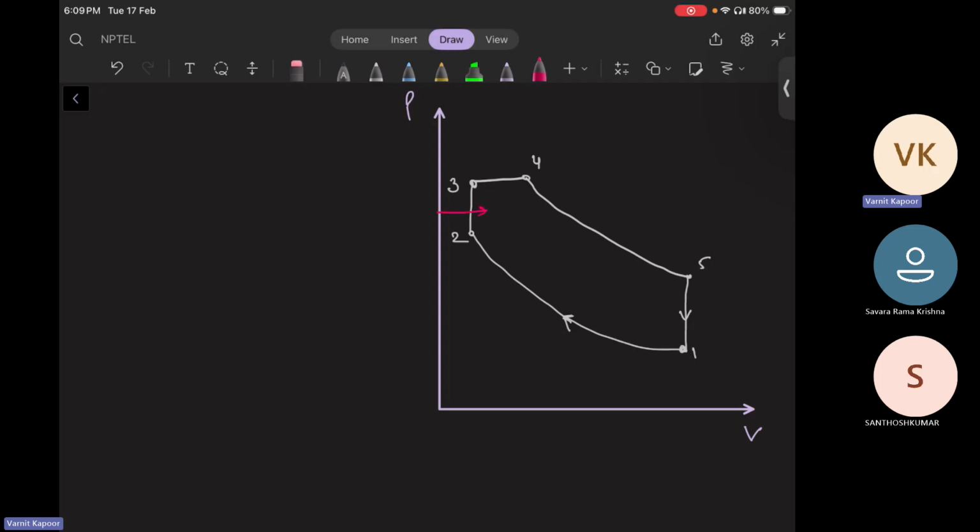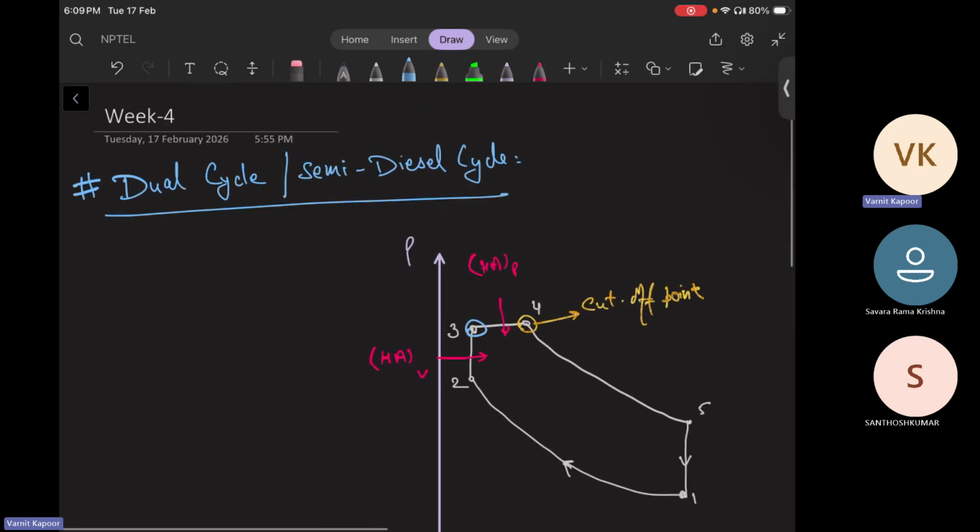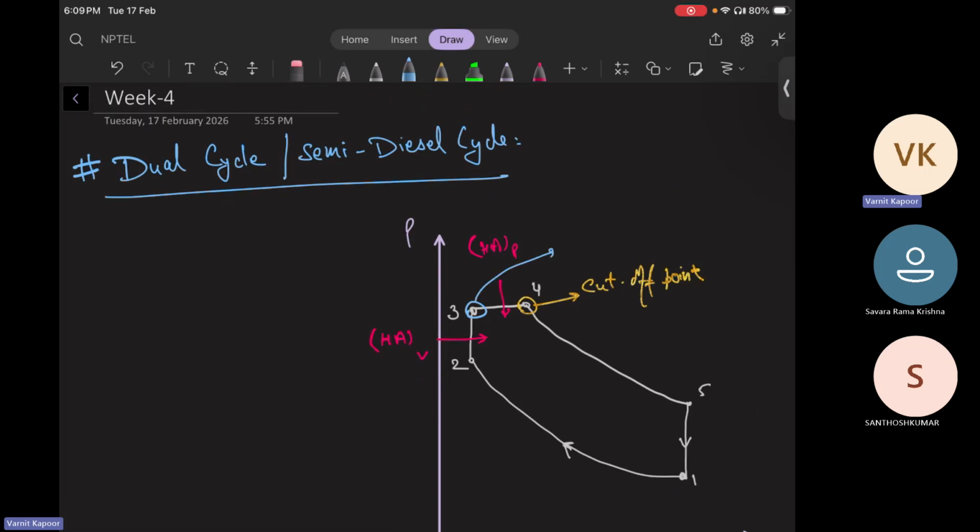Here the heat is being added at constant volume. Here the heat has been added at constant pressure, and this will be your cutoff point again. And this will be your explosion point. A new terminology has come, which is your explosion point.